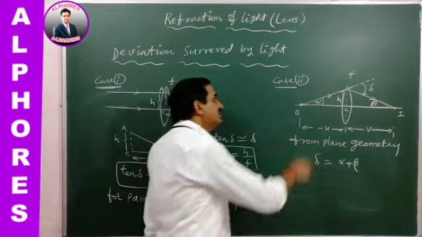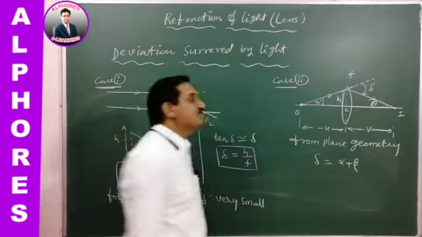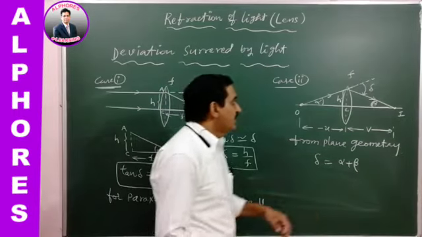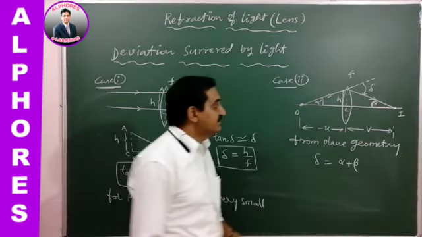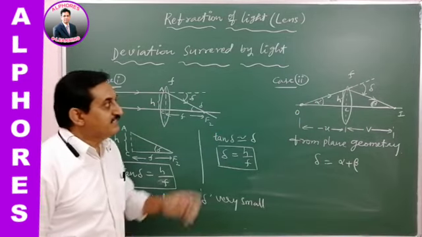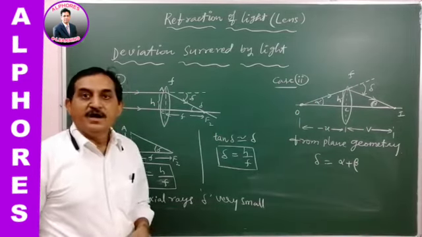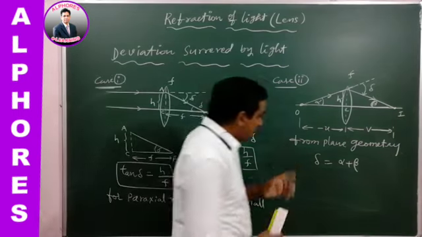So here the incident ray is making an angle alpha with the principal axis, and the refracted ray will also be making an angle beta with the principal axis, and the deviation suffered is delta, and delta is equal to alpha plus beta.